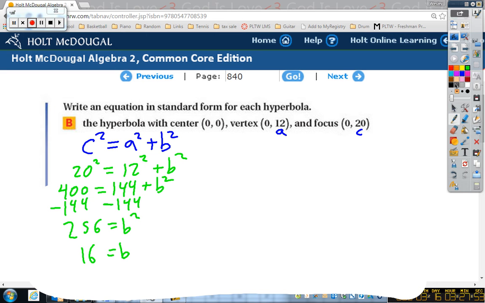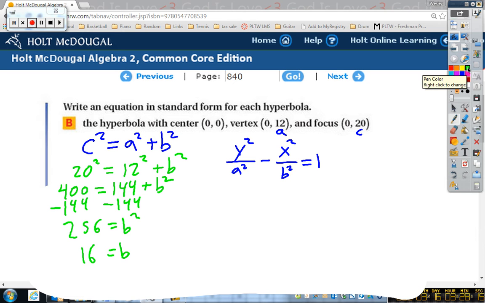I'm going to end up with, first, is it vertical or horizontal? Well, I look at my vertex. My a is in the y location, so it means it is, in fact, vertical. So I'm going to have y squared over a squared minus x squared over b squared equals 1.